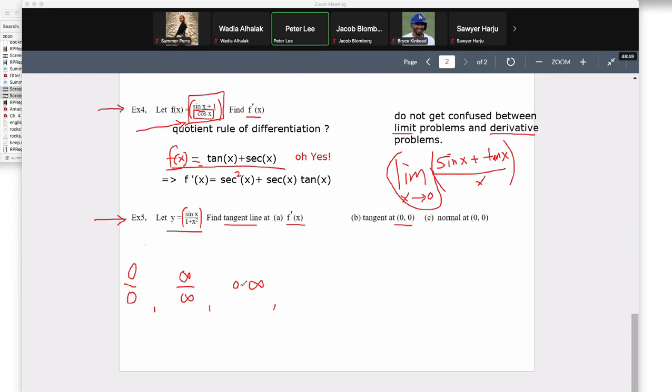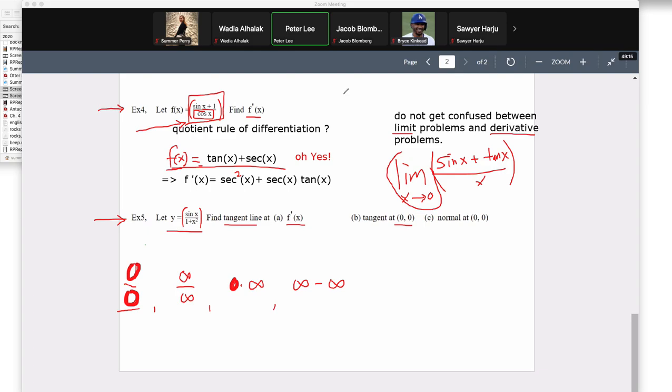Now, when you look at these indeterminate forms, what do you see? All the indeterminate forms you see in this class involve 0 and infinity. You have a 0 there, a 0 here, a 0 here, a 0 here, and then you see these infinities.